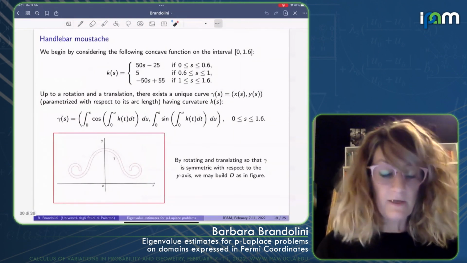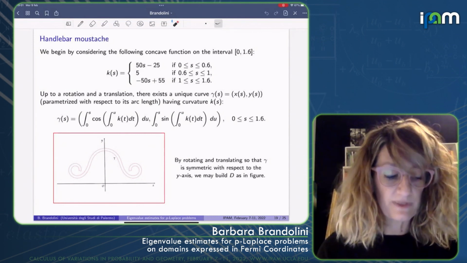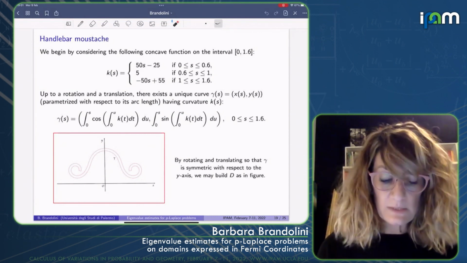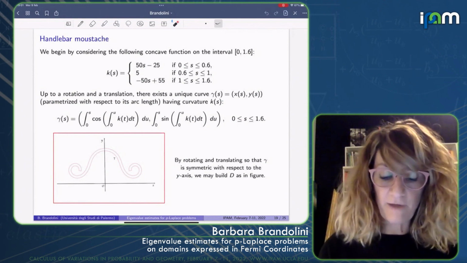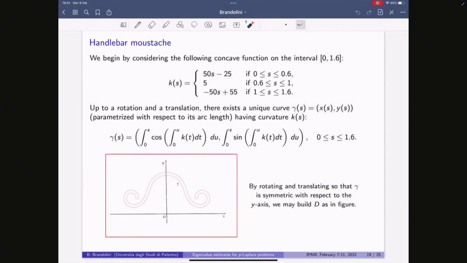Finally, we can construct this example that we call the Handlebar Mustache by considering the following concave function which is piecewise linear and changes its sign in the interval 0, 1.6. And as everyone knows, up to a rotation and a translation, there exists a unique curve gamma parameterized by its arc length having k as curvature.